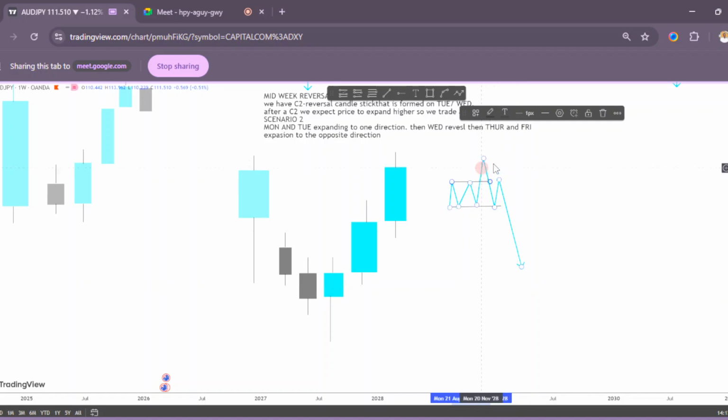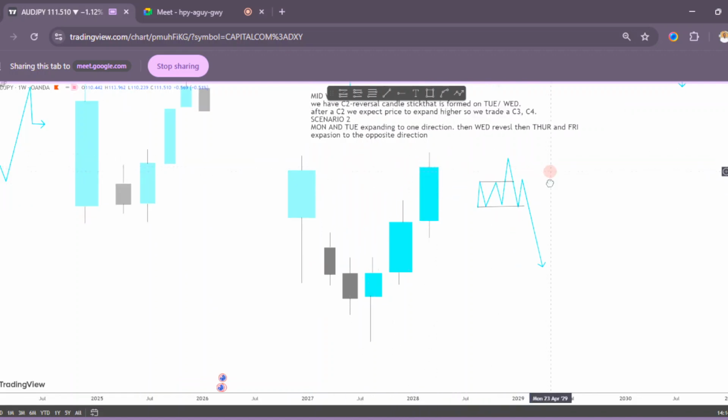So on Wednesday we expect to have a C2. And then Thursday and Friday we can trade lower or higher depending on which currency we are looking at. This is now a midweek reversal. And this is how we establish our bias.